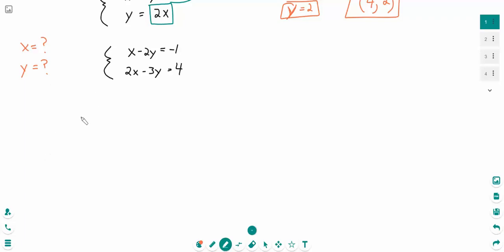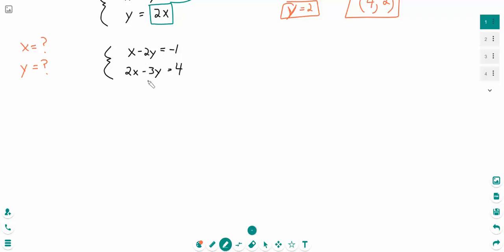Now we have some freedom here. It doesn't matter which variable we choose to solve for, nor does it matter which equation we use to set into this form. Okay, so there are many different ways that you could solve this, all of which are legitimate and are good ways and proper ways to solve this system of equations.